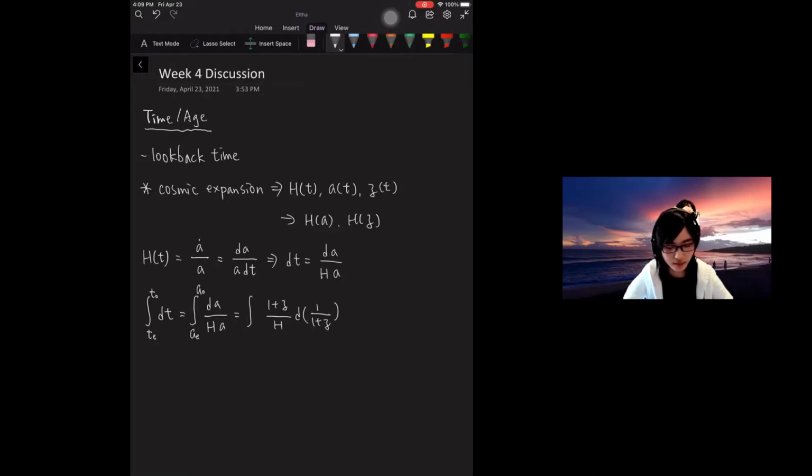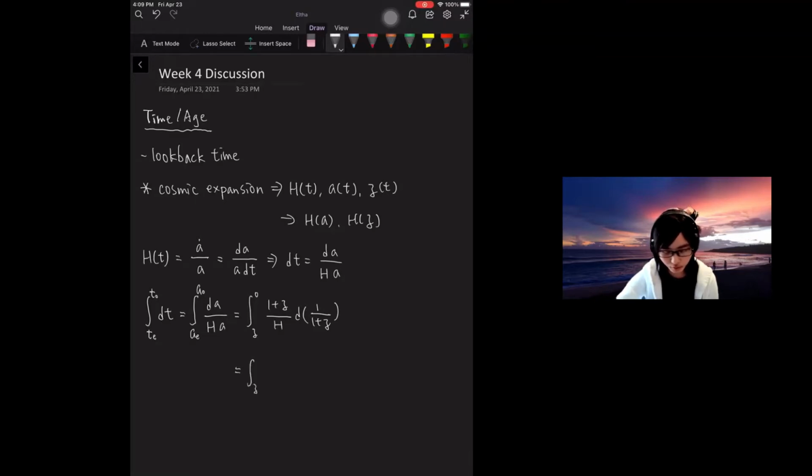At the time when the light was emitted, it corresponds to a certain redshift, right? Let's say it's z. And the redshift of the present time is when z equals 0, right? So that's what we got. To calculate this, we know the derivative of 1 over 1 plus z is negative (1 plus z) to the minus 2, right?